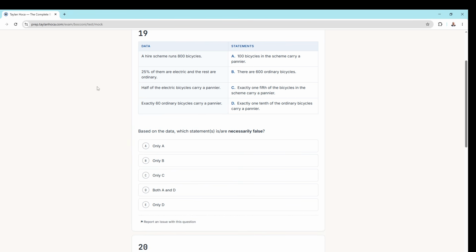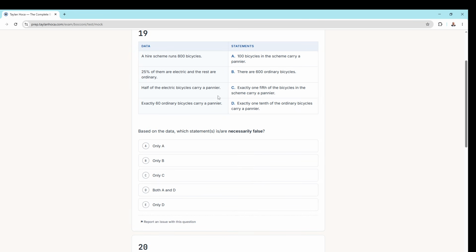So here, 800 bicycles, 25% of them are electric and the rest are ordinary. Half of the electric bicycles carry a pannier. Exactly 60 ordinary bicycles carry a pannier.